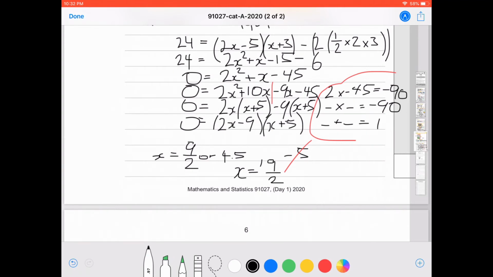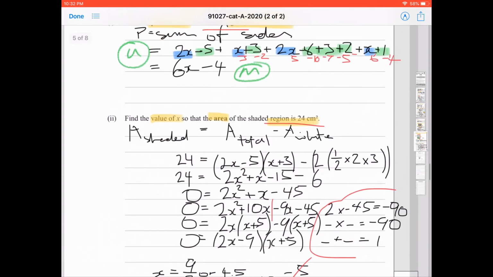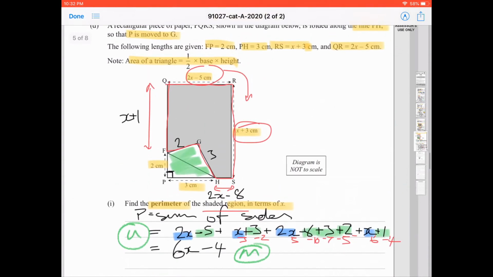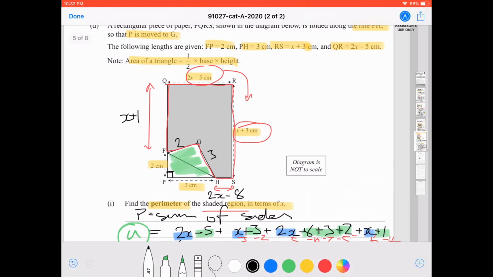Now I'm not sure if it's can't be negative or, probably the more correct thing to say, our side lengths can't be 0 or negative. So if we look at this length, x plus 1, if x was negative 5, then it would be negative 5 plus 1 equals negative 4, and you cannot have a length of negative 4.